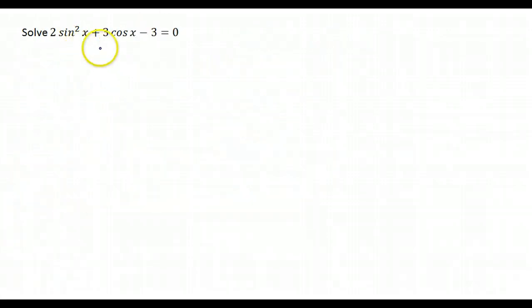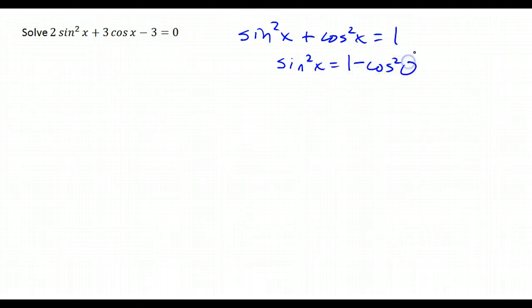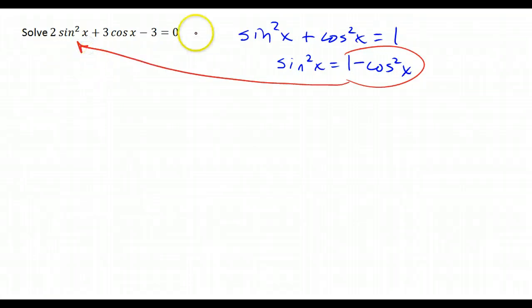Okay, now we have stuff being squared and different functions. So what we're going to do here is make use of our Pythagorean identity, a very useful little identity, which says that sine squared of x plus cosine squared of x equals 1. I can say that the sine squared of x will be 1 minus cosine squared of x, and then take that and substitute it in for sine squared right there.